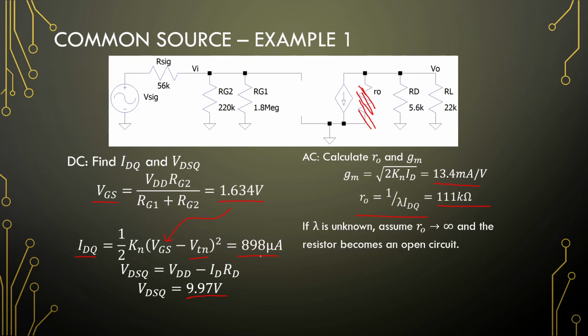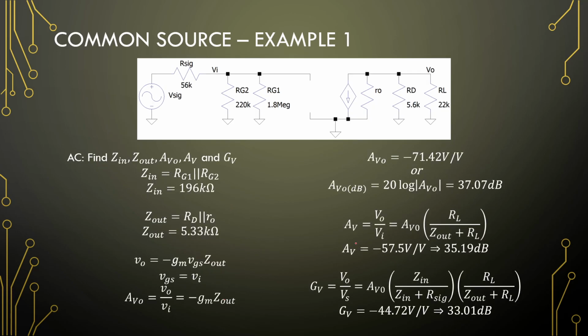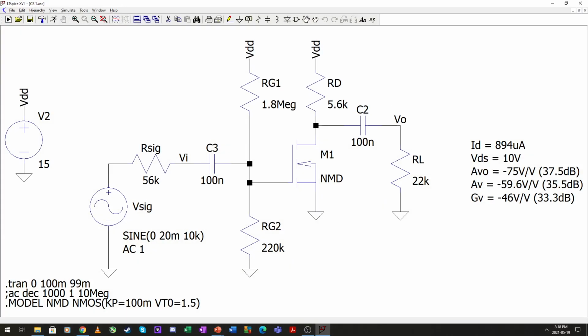It's 898 microamperes, almost 10 volts, almost 75, 57, and 44. The 46 right here is fairly close to that 44 that we calculated. Okay, these are the parameters that I extracted earlier on the simulation.